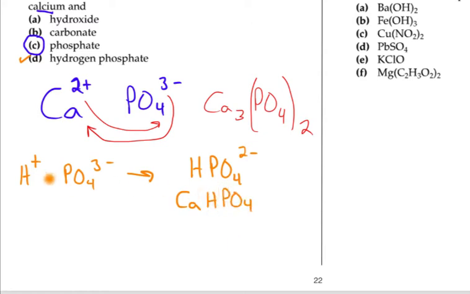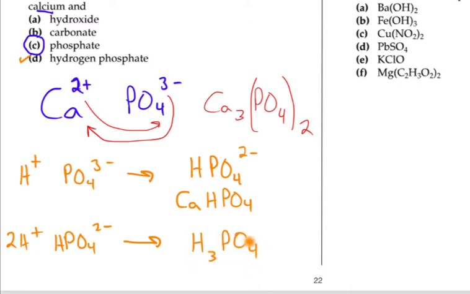I can continue with this trend of adding protons to this anion here, and if I add 2 more, what's going to happen now is that the +2 and the -2 charges are going to cancel themselves out. Very much similar to what happens in a salt formula. Now, this is not a salt. This, as it turns out, is a molecular compound, and we'll talk more about these later.